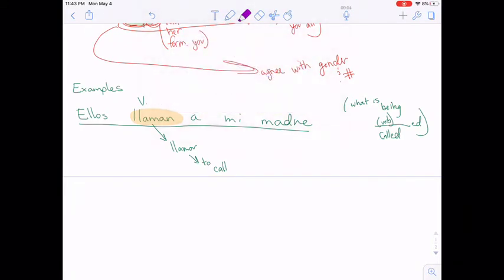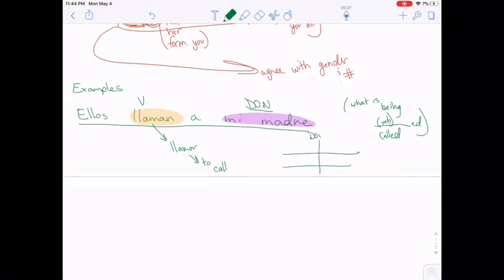So if we looked at this sentence, for instance, let's say examples. I don't like this color for examples, so we'll do dark green. Great. So we could say, llaman.